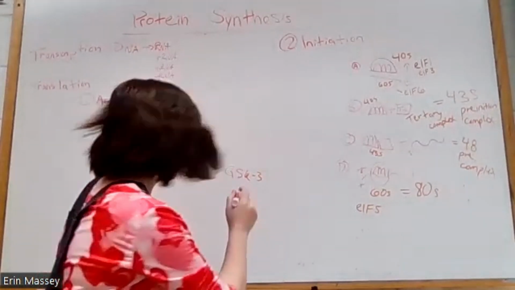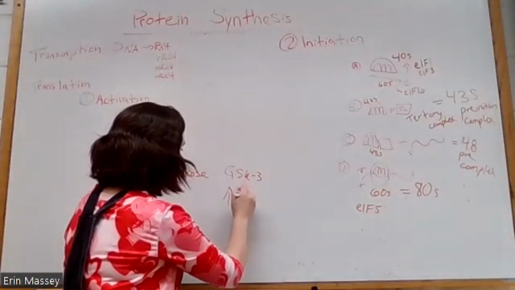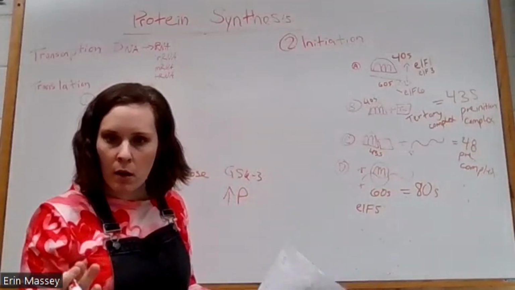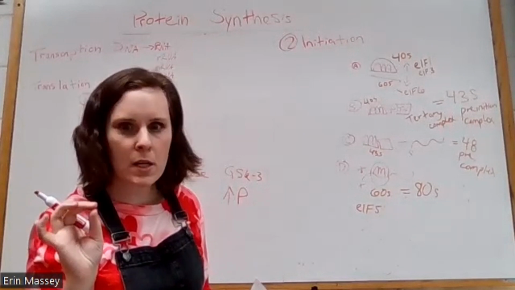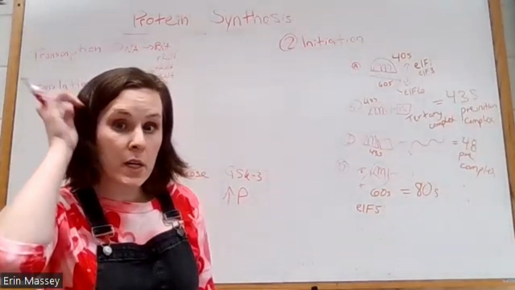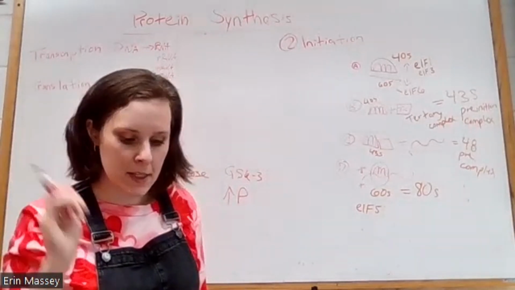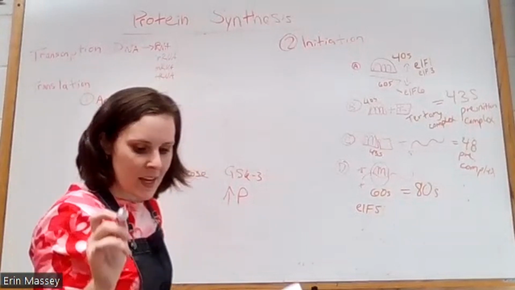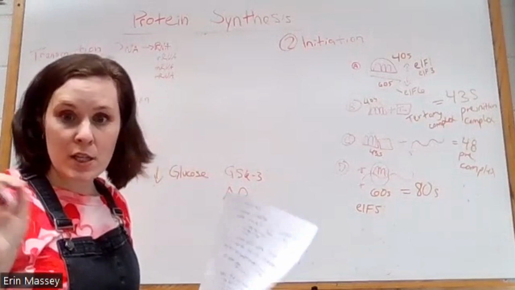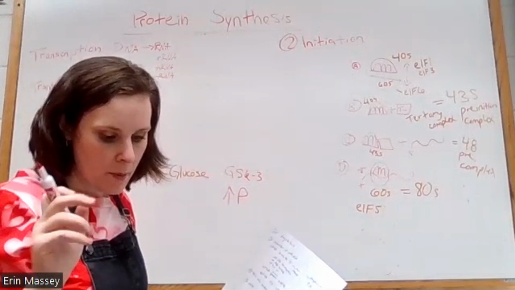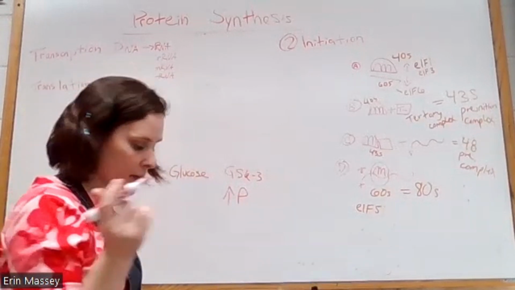We're just going to call it K being sensed. It's going to increase this phosphorylation. And we already know that 2B does not like phosphorylation if we want it to produce proteins, if we want it to make that ternary complex correctly. So it's going to decrease that exchange of GTP to GDP. It's going to decrease that ternary complex.